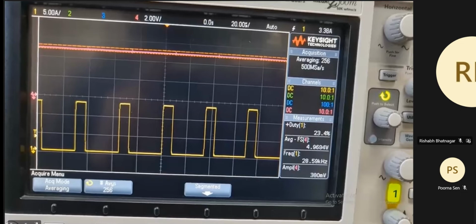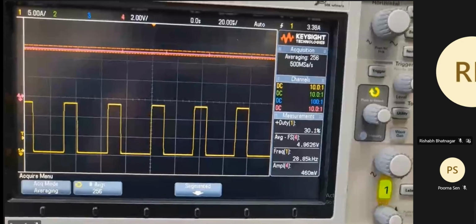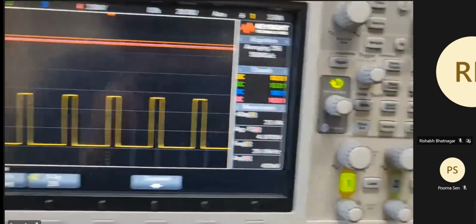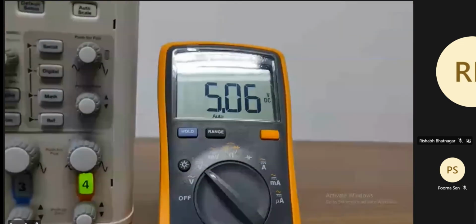In the higher load case it is equivalent to 30% duty ratio, but when you decrease the load it settles to 23.5%, and in any case it maintains the load voltage of 5 volts.